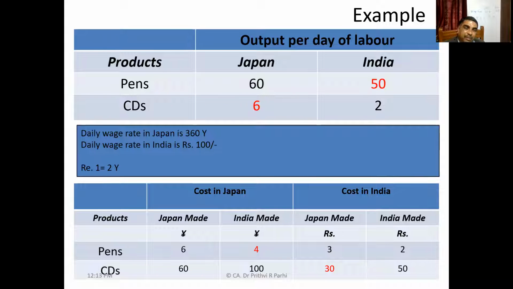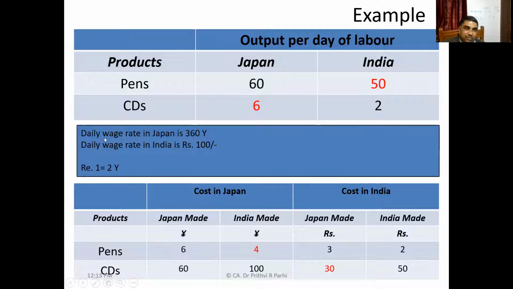And how many pens can we produce in India for 1 day of labor? 50. Now come to CDs. How many CDs can be produced for 1 day of labor in Japan? 6. And in India? 2. So this is the volume that can be produced per day of labor.